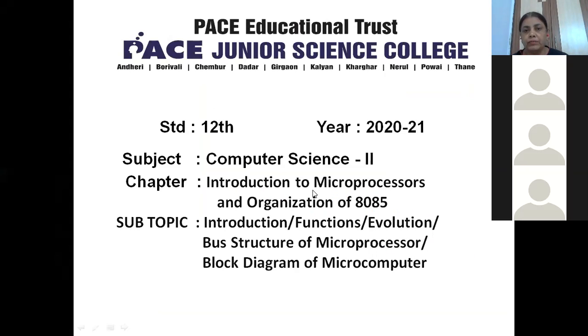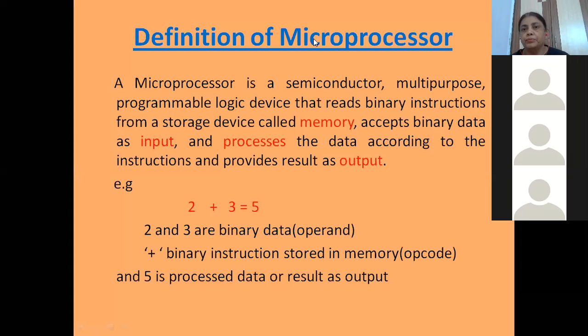Okay, so today we will start with the first chapter, Introduction to Microprocessors and Organization of 8085. This is our first chapter. We have already done chapter 5, Networking. And this chapter and the second chapter are based on the 8085 microprocessor. First, you should know the definition of microprocessor.